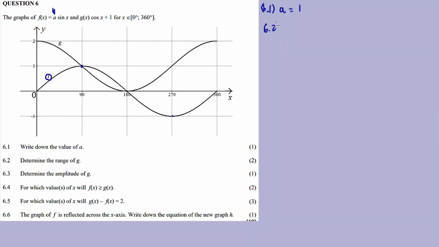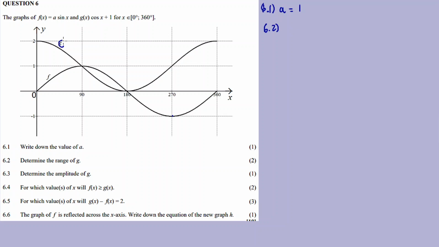6.2, determine the range of g. The range is all of the valid sets of y values, right? The range of your graph is along the y-axis.